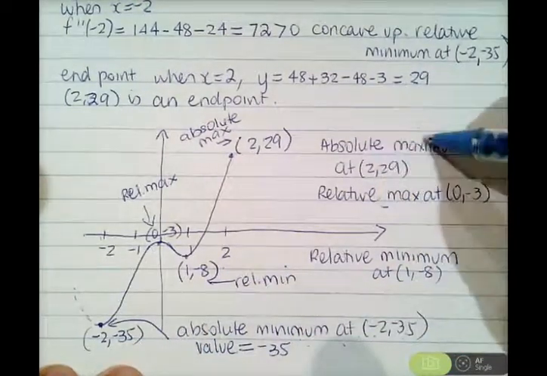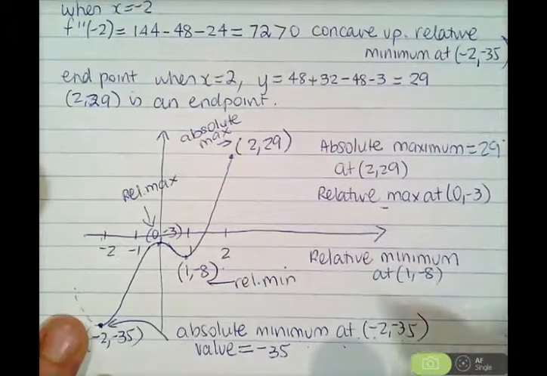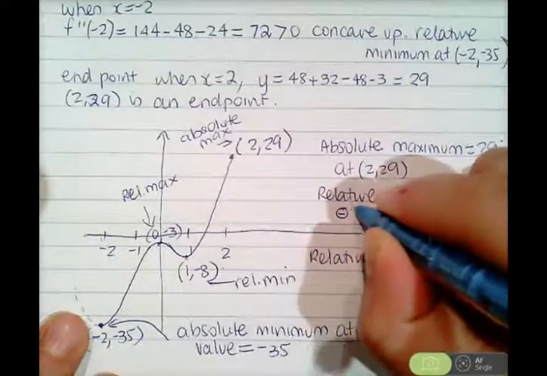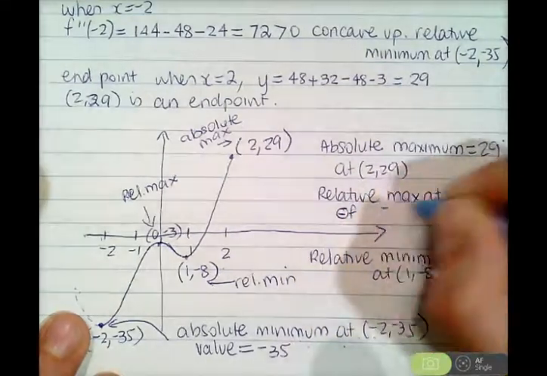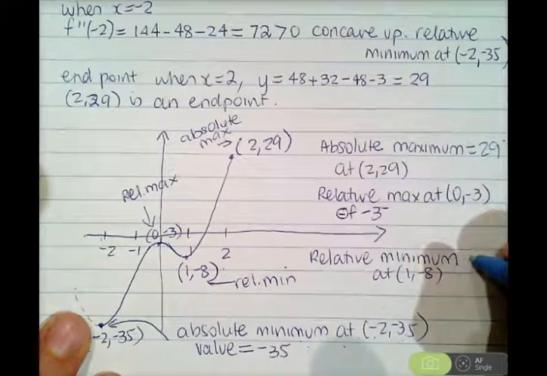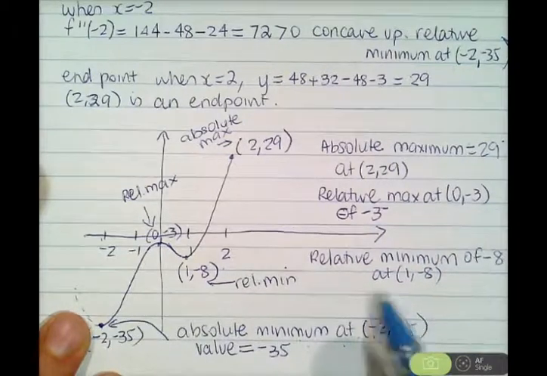The absolute maximum value is 29. We've also got a relative maximum value of -3, and a relative minimum value of -8, but it occurs at 1, -8.